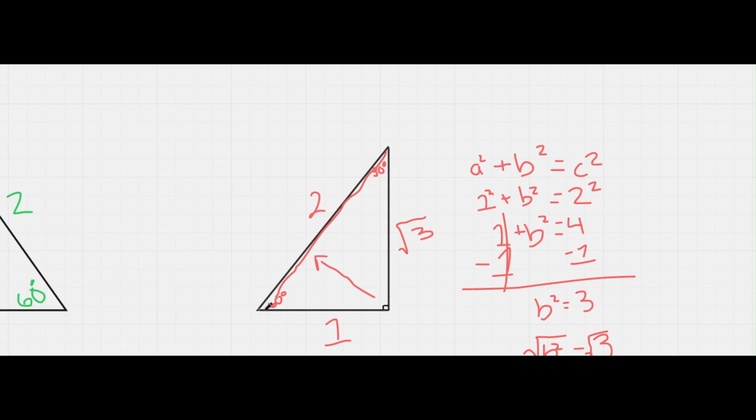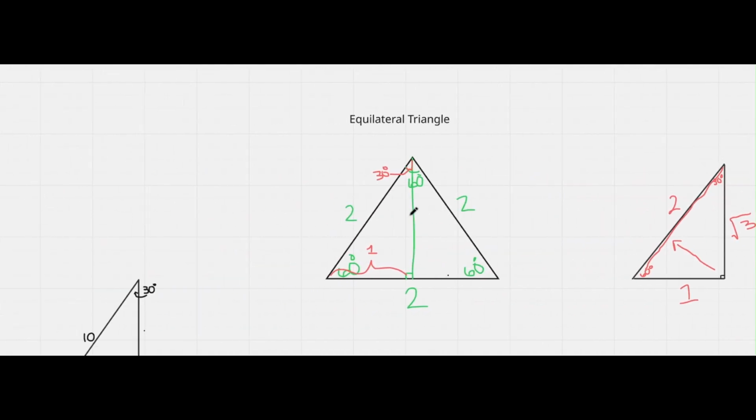Or the opposite: the hypotenuse is going to be the length of the short side multiplied by 2. And the long side is going to be the length of the short side multiplied by the square root of 3. And the opposite of that is going to be the long side is going to be the opposite, okay?